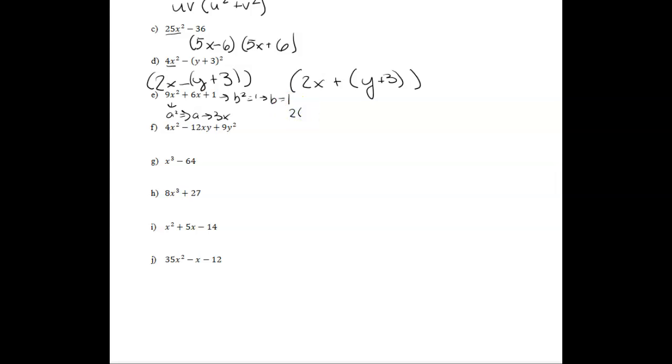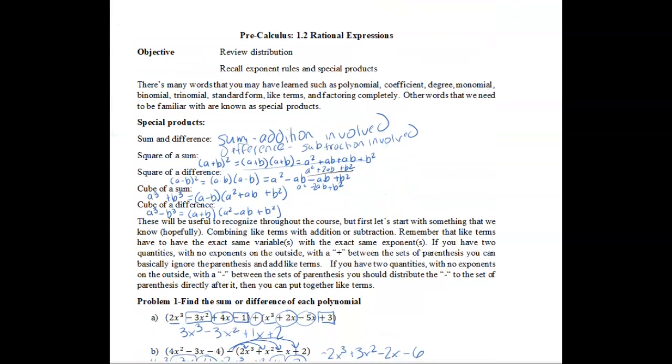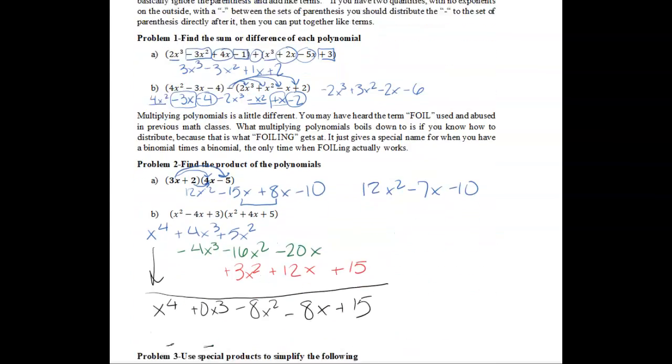So I've got 2 times a, which is 3x, times b, which is 1. Alright, so that does turn out to be that. So I can go ahead and factor this as a square of a sum. So then I'm just going to have a plus b quantity squared. So again, my a was that 3x, my b was that 1 quantity squared.